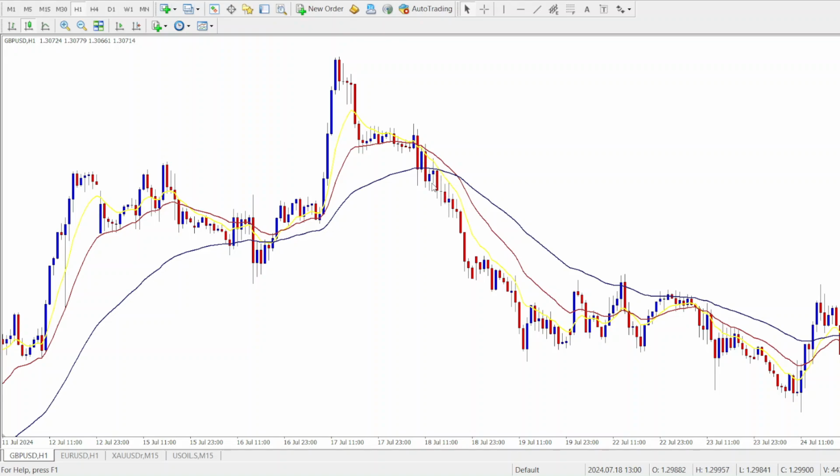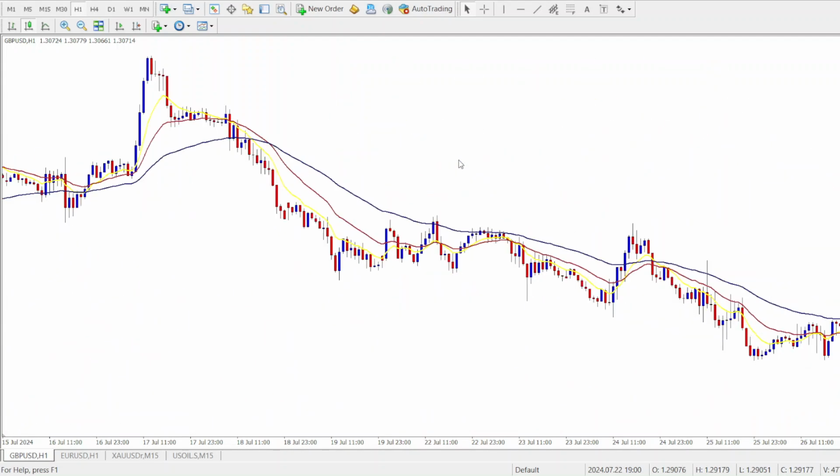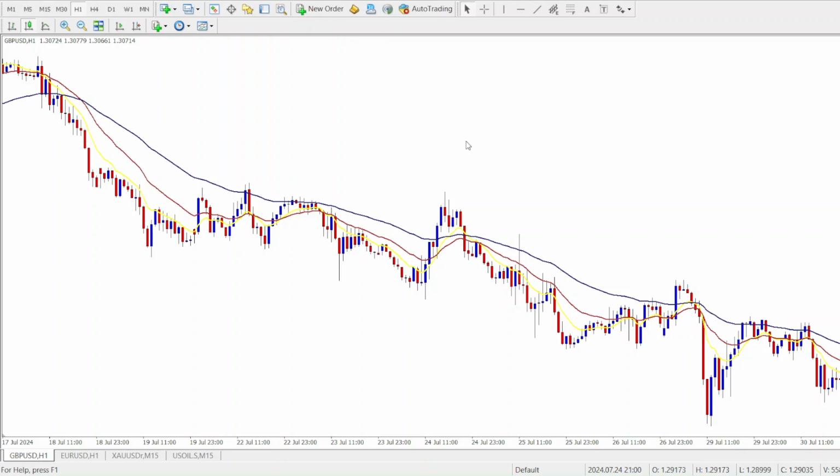Now when it comes to breakout trades, watch how price interacts with the EMAs. Now we're talking about combining EMAs with price action. When the price consolidates near the EMAs, for example, let us see around here.